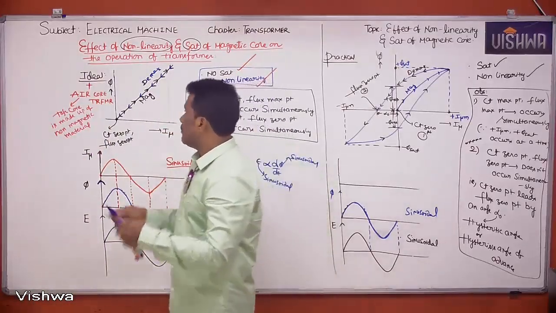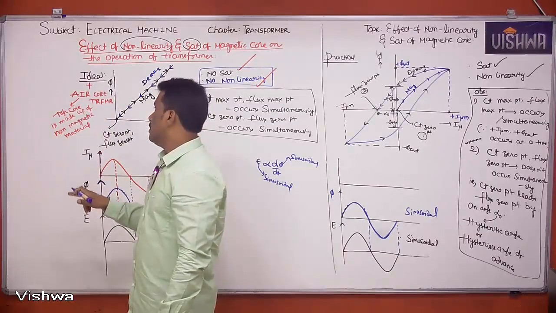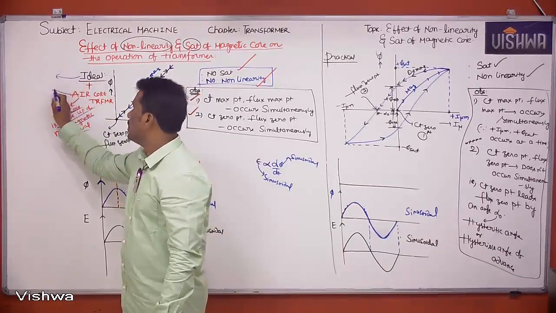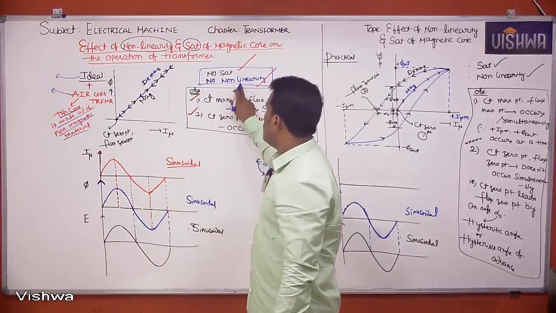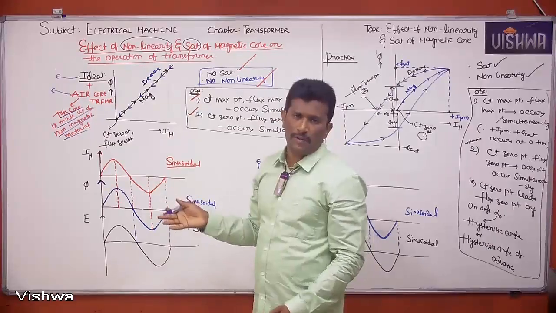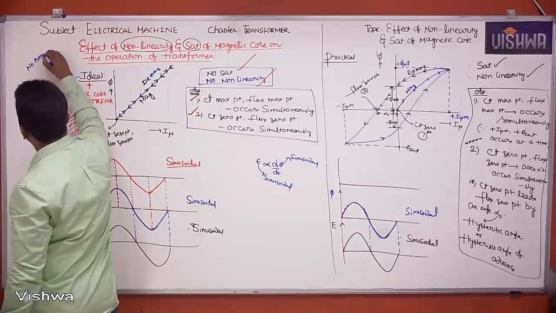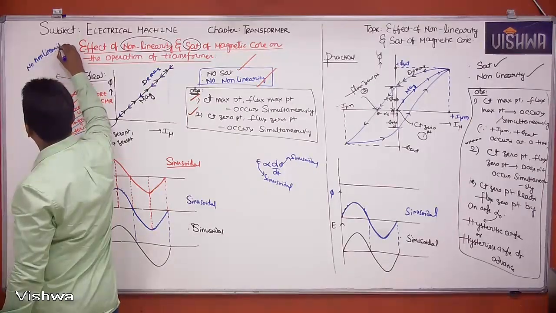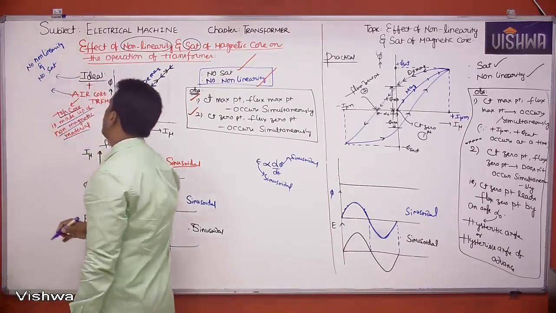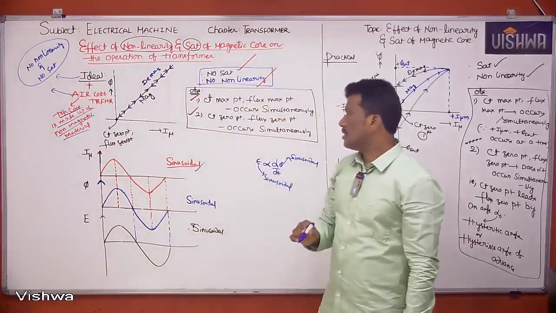Observe clearly: ideally, or for an air core transformer, the core is made of non-magnetic material. For these two cases, non-linearity is not there, saturation is not there. Non-linearity not there means linearity will be there. So for an ideal or air core transformer, there is no non-linearity and no saturation. At that time, the shape of your I mu waveform is sinusoidal.